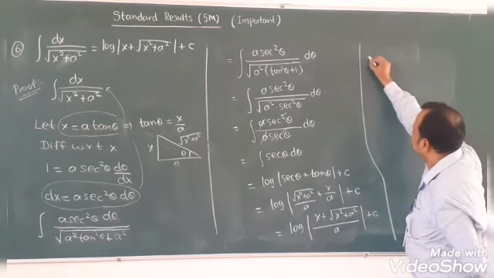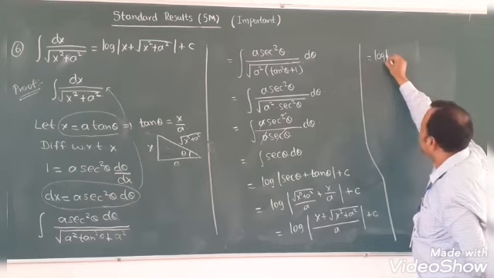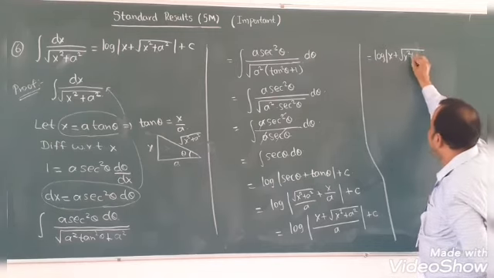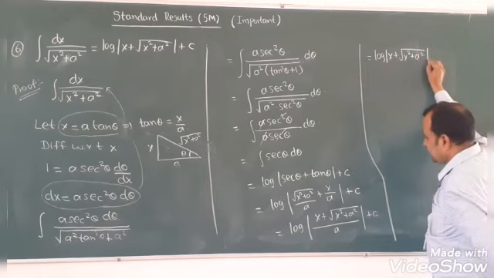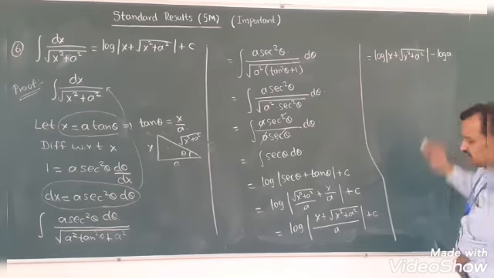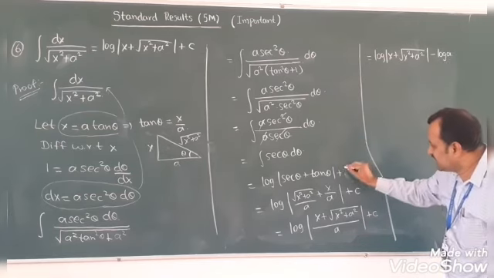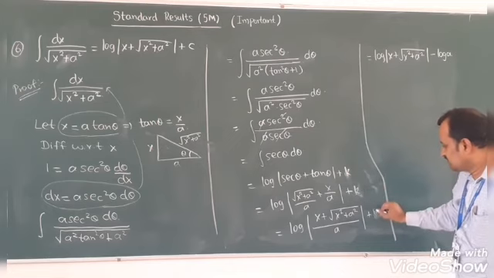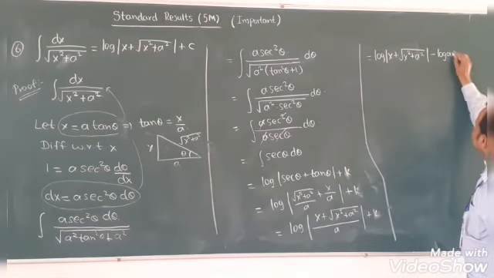So this we can write as log of x plus root over x square plus a square, minus log a plus, now instead of c I am taking k, so that c we can write at the end. So here plus k.